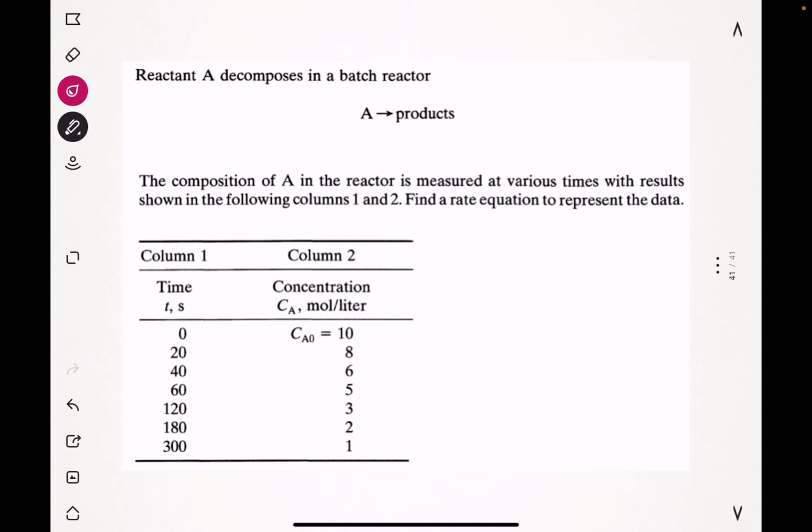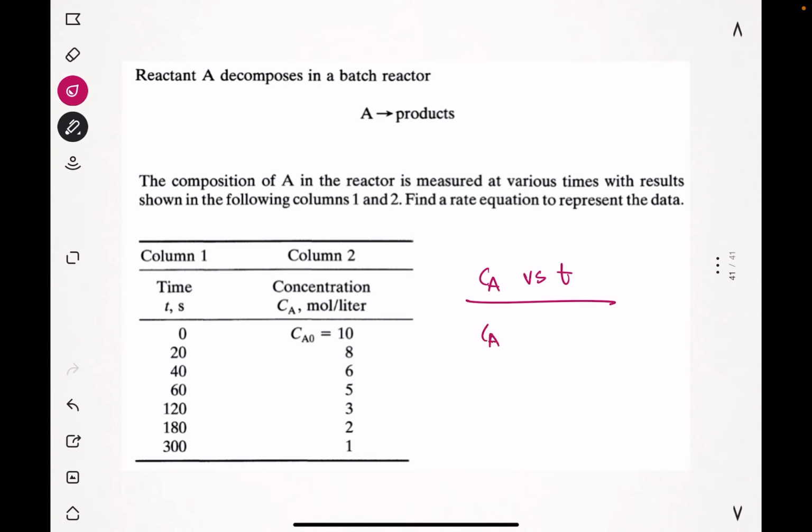How do we do that? We have only one initial concentration, and for that we need a few starting concentrations. And so what we can do here is basically plot this data, CA versus T.